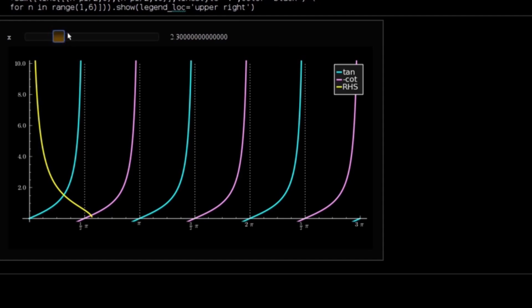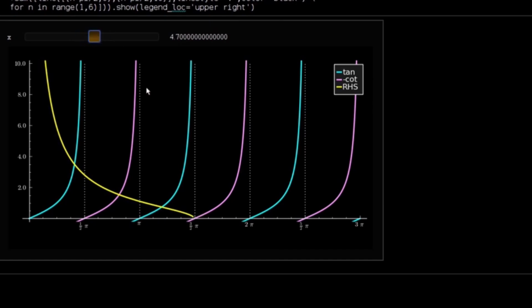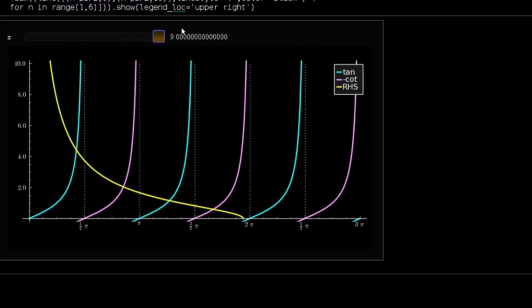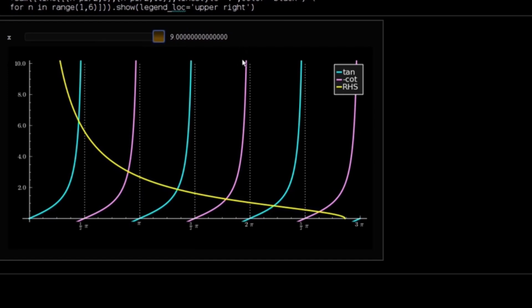So if I keep increasing the slider here, you can see what happens. This blue curve migrates to the right, gradually picking up more and more solutions. Here we've picked up a second even solution for a total of 3 solutions: even, odd, and even. Here we pick up another green solution. And if I go all the way to the end here, this is just the end of my slider.